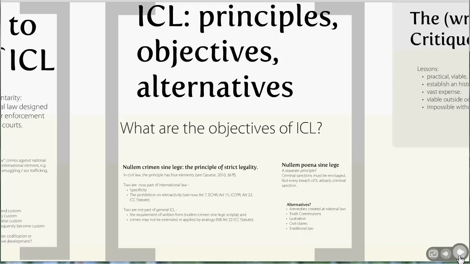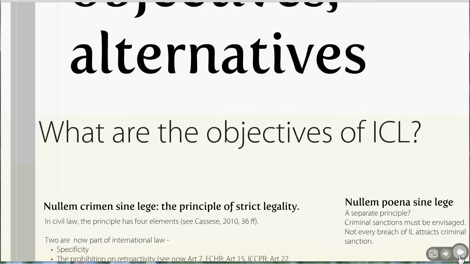So a fundamental question is, what are the objectives of international criminal law? What does it aim to do? We often say that national criminal law, for example, is about deterrence. Well, how realistic is it to expect that the existence of international criminal law will deter leaders from committing war crimes?